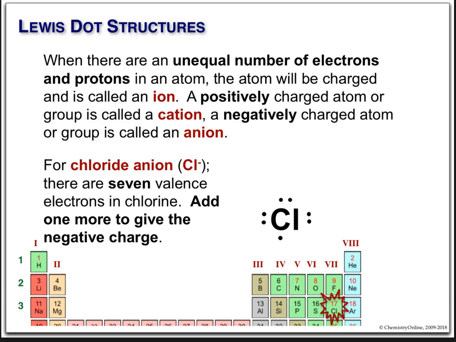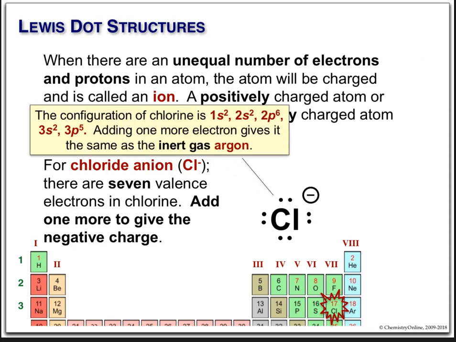Now, to make the chloride anion, what we need is 1 extra electron because it's negative. That means it has 1 too many electrons. So to draw it, we simply stick in another electron and show we have a negative charge. Now, an interesting thing has happened here.